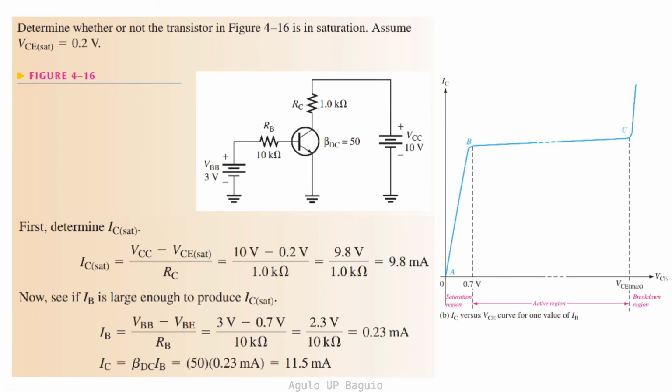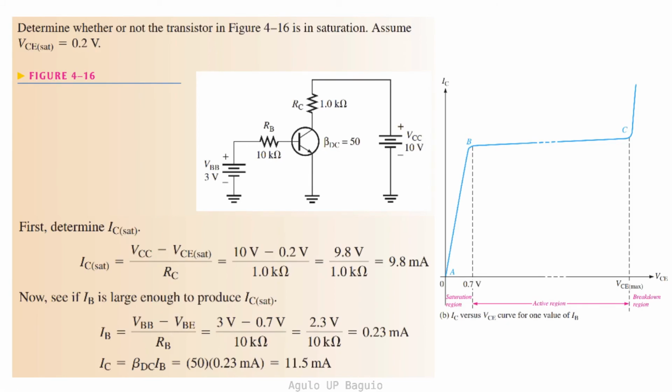Now let's solve for IB. IB is the current through RB, and it can be solved by taking the difference between VBB and the voltage at this point, which is just 0.7 volts. So 3 volts minus 0.7 volts divided by RB, which is 10 kiloohms, gives us 0.23 milliamperes. Knowing IB, we can then solve for IC using beta DC of 50.